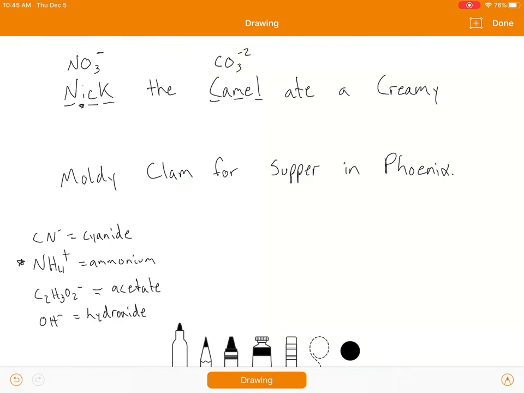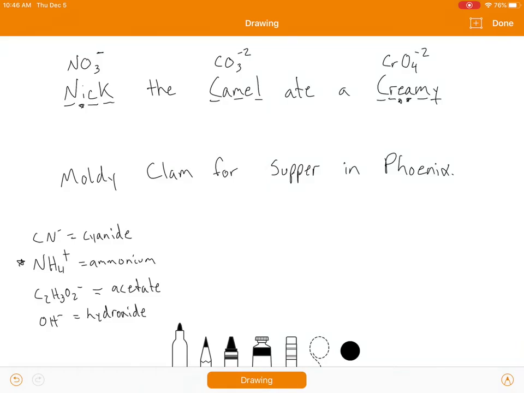For Creamy, since we already had a C before, you look at the first two, and that's Cr, so chromium, and you have 1, 2, 3, 4 consonants and 2 vowels. Moldy. Now, for M, there are 3 elements that start with M that we'll use.